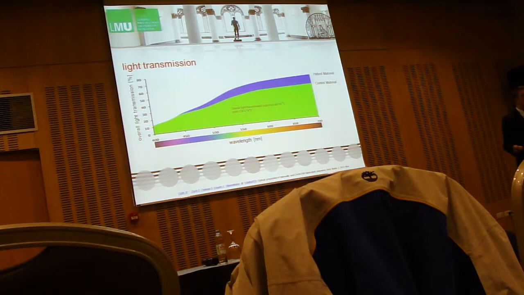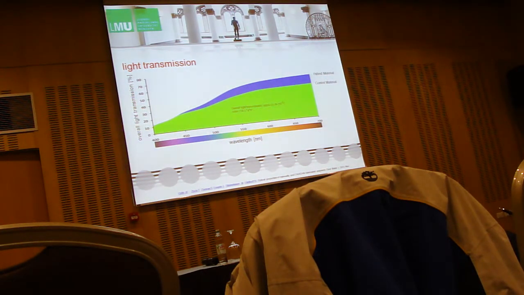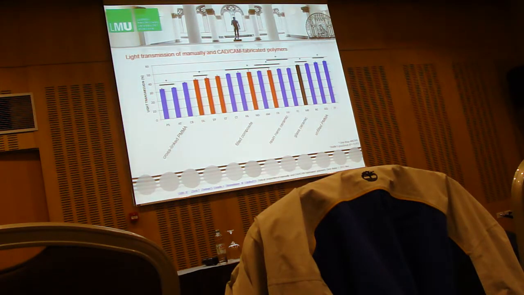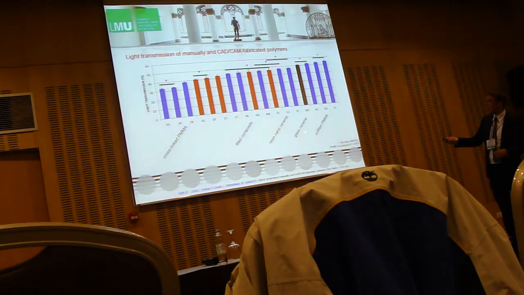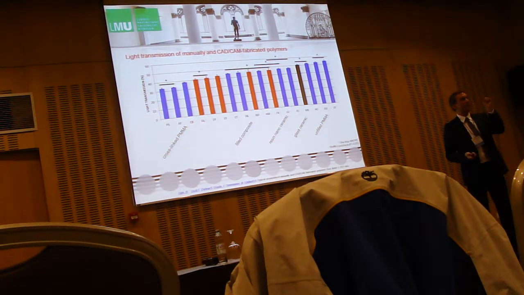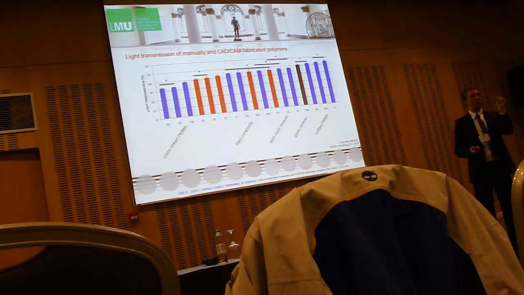The overall transmission was calculated as the integration below the graph, and then a percentage value of light transmission could be observed for each material. These are the results, and you see that we used not only a resin nanoceramic but also a glass ceramic. This glass ceramic was our control group, and you see that about 50% of light transmits through a glass ceramic at a thickness of 1 millimeter.